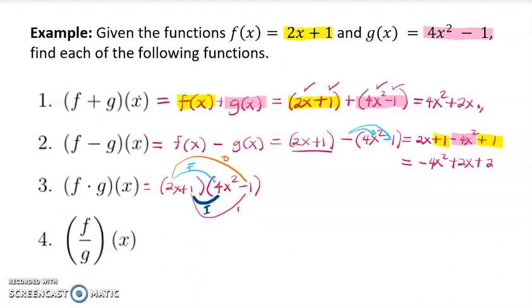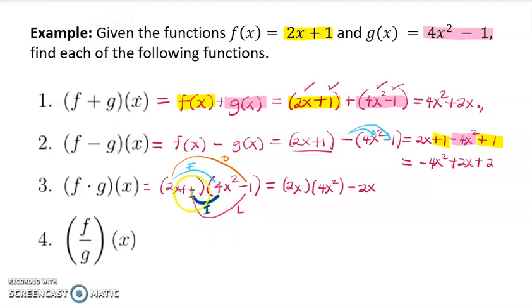Following that, for the first term, you have 2x times 4x squared. Then for the outside terms, 2x times negative 1 is negative 2x.